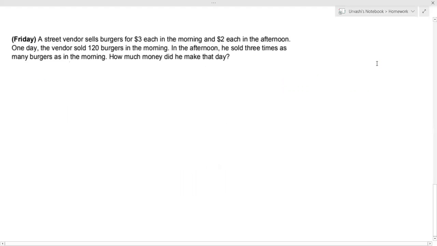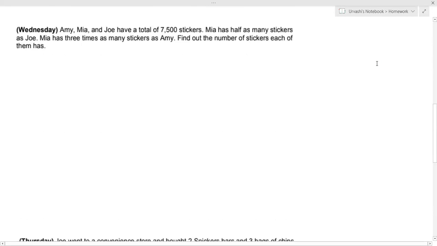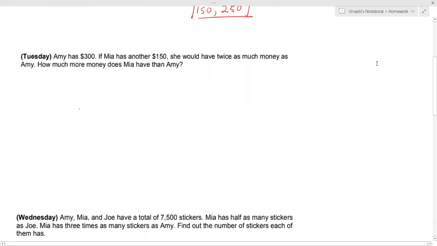Okay. So it says Amy has $300. If Mia has another $150, she would have twice as much money as Amy. How much more money does Mia have than Amy? So then I drew a model.